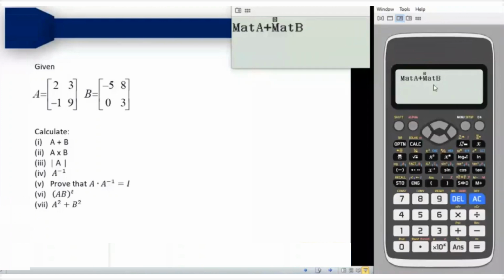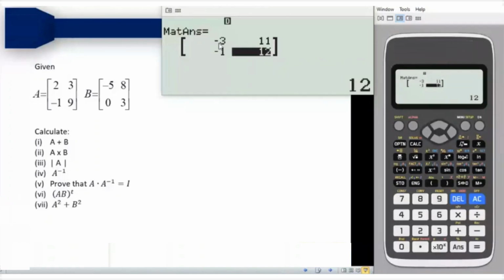I will press equals, and I will get my answer, that is minus 3, 11, minus 1 and 12. I hope this is clear to all of you. This is the first task that I have performed, that is matrix A plus matrix B.